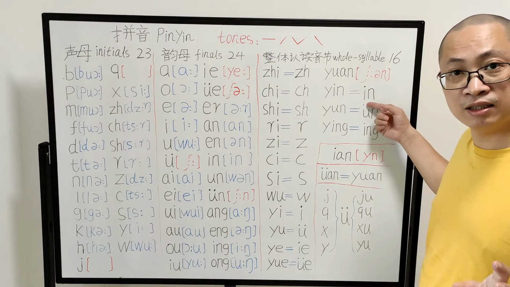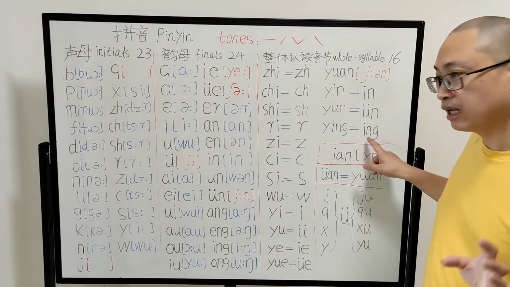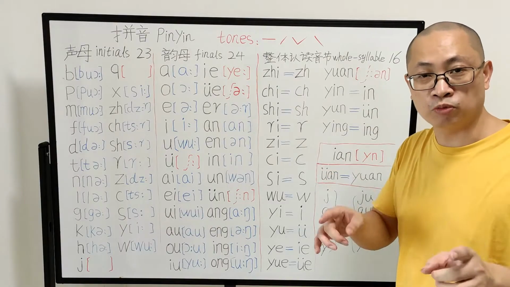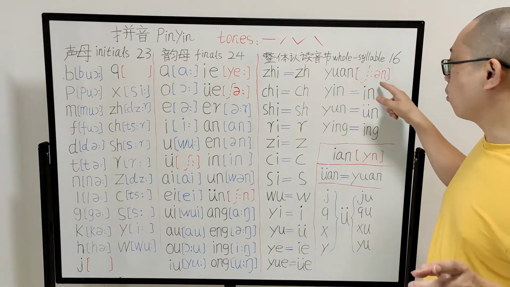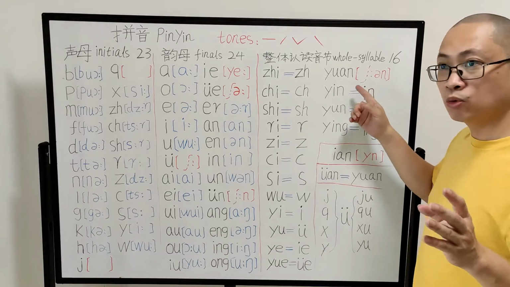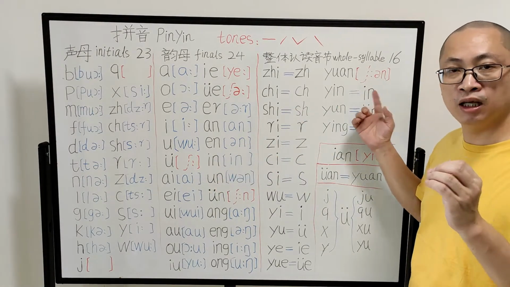Next, in. Okay, note please, this whole syllable is pronounced as yun, yu, en, yun.